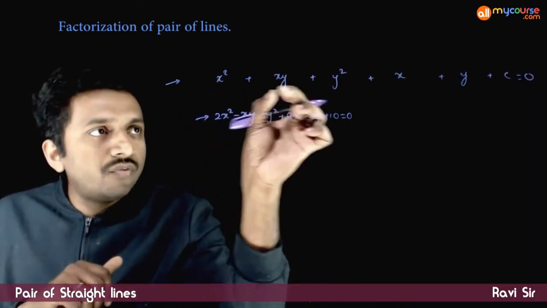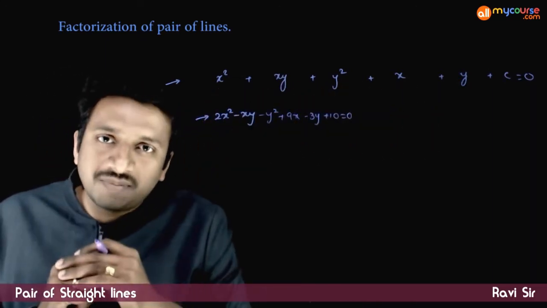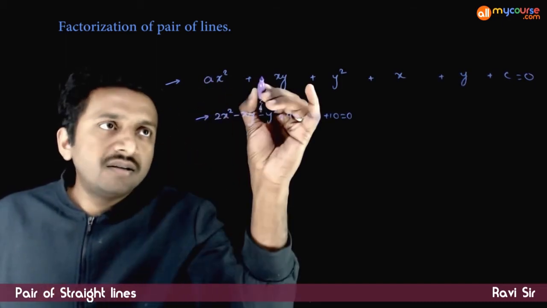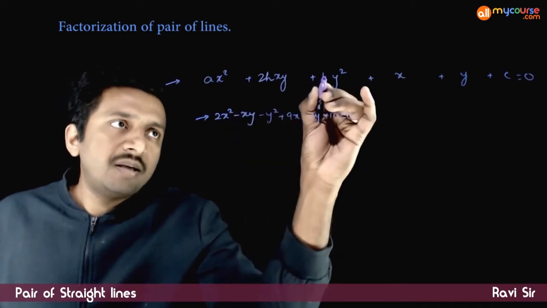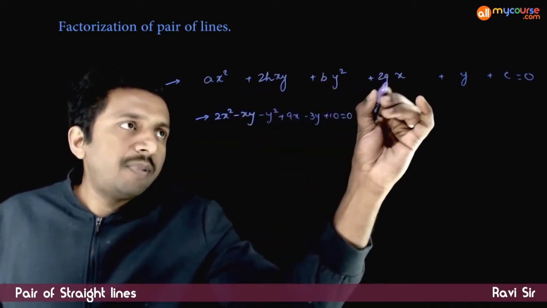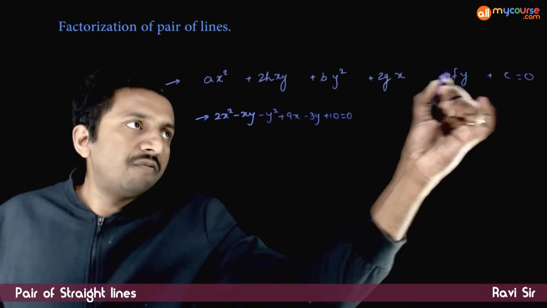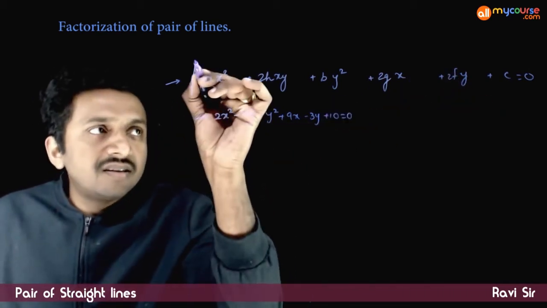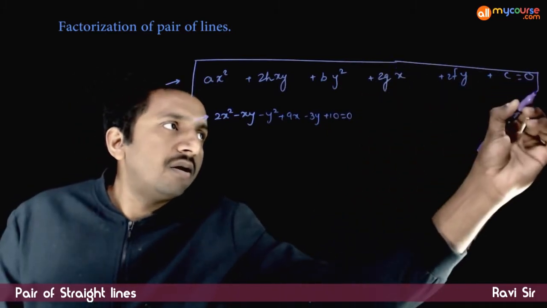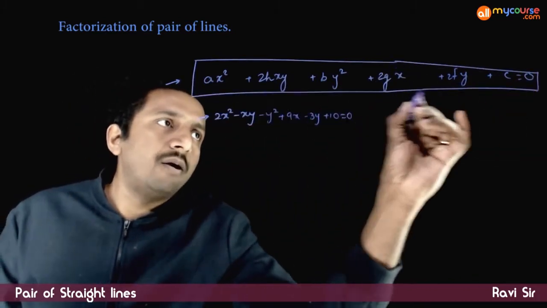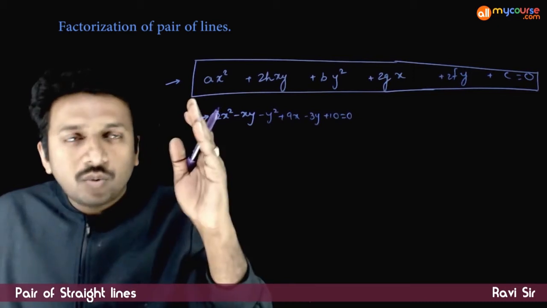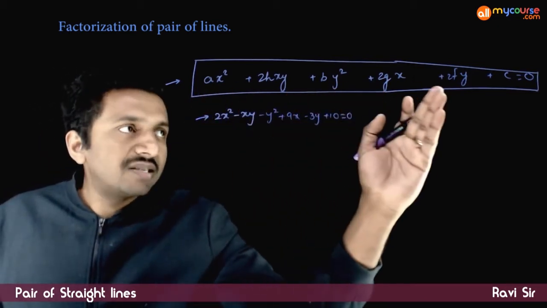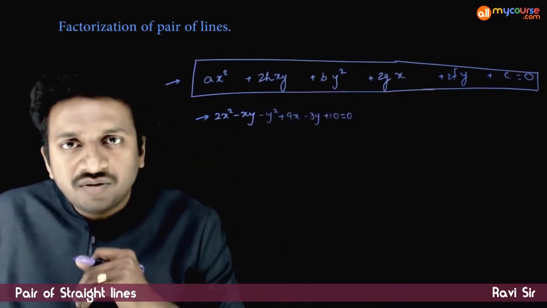So you have some coefficients corresponding to each of these terms. Let us assume the equation is ax squared + 2hxy + by squared + 2gx + 2fy + c = 0.